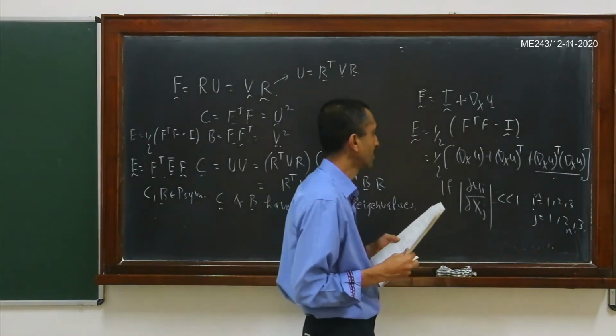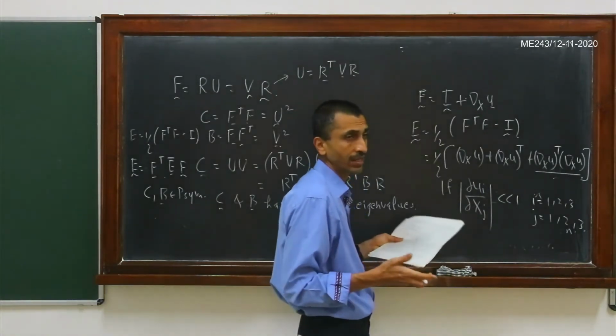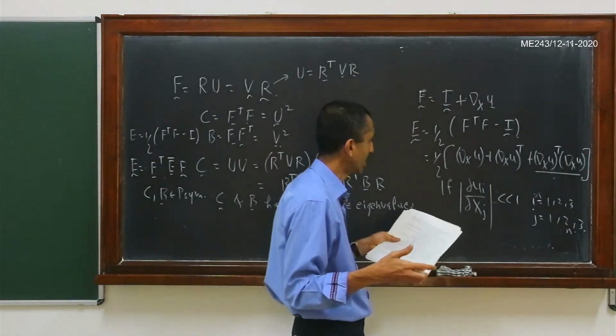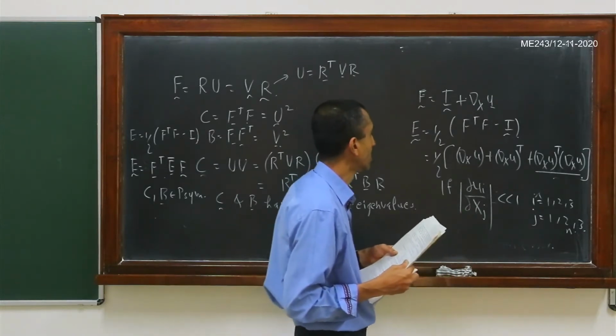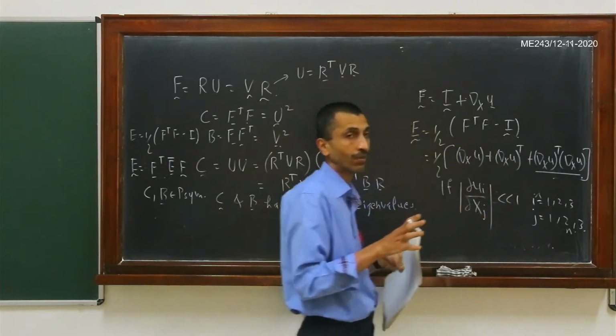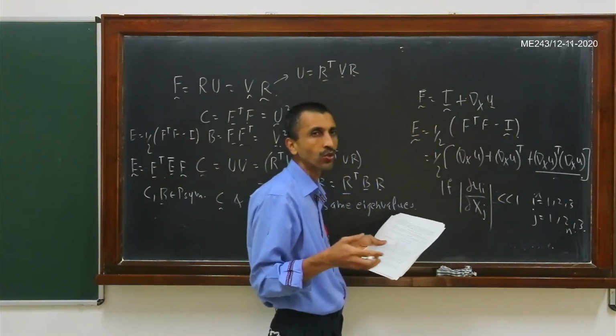U has units of length, meters, and capital X also has units of length, meters, so this is a non-dimensional number. All of these 9 non-dimensional quantities in terms of magnitude should be much smaller than 1, let us say of the order of 10 to the minus 2 or something like that.